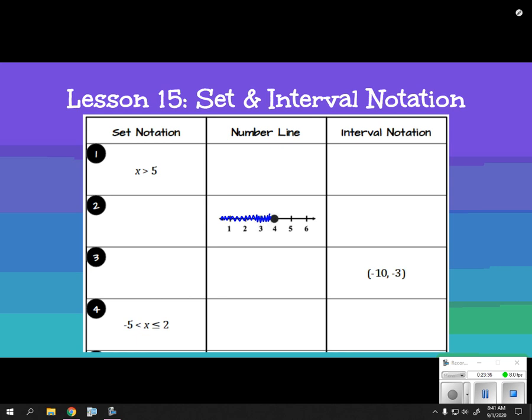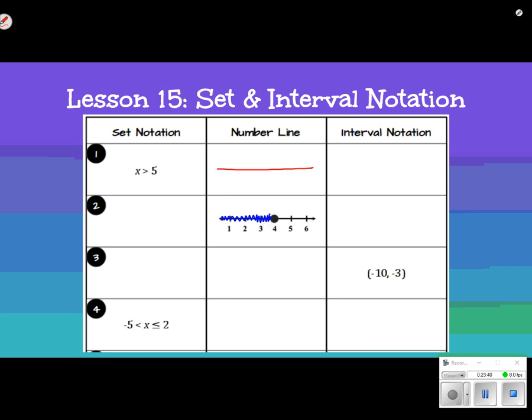All right, so on number one, x is greater than 5. That's going to be pretty straightforward. We've been doing that for a while. We have an open circle because that's a greater than, and we're going to shade to the right, all the way down to the right. All right, the interval notation: the smallest value in my shading is 5.